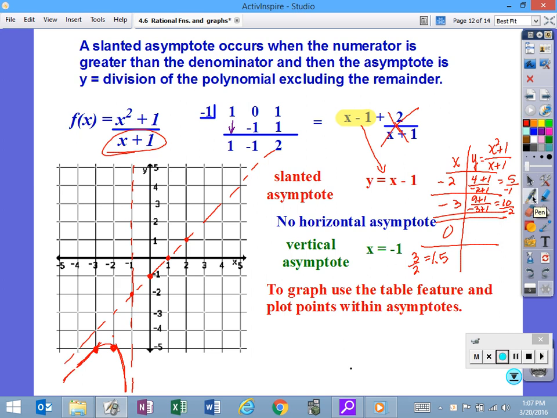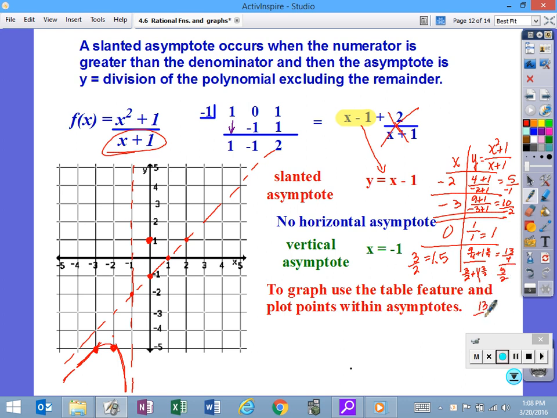Then when we put 0 in there, we get 1 over 1, which is 1, so 0, 1. And when we put 3/2 in there, that would be 9/4 plus 1, which is 4/4. That's 13/4. Divided by 3/2 plus 1, that's 2 2s, that's 5/2.